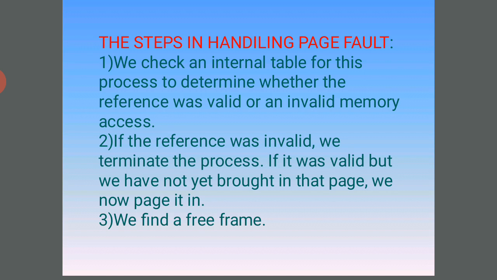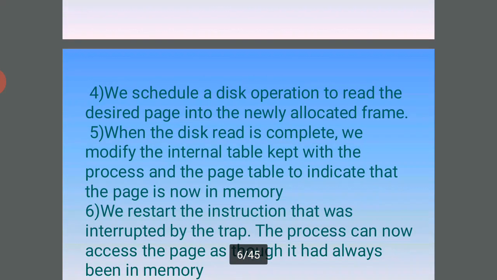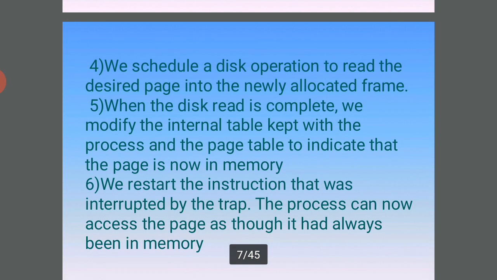When the disk read is complete, we modify the internal table kept with the process to indicate that the page is now in memory. Next, we restart the instruction that was interrupted by the trap. The process can now access the page as though it had always been in memory.